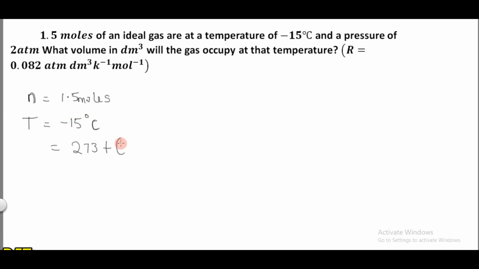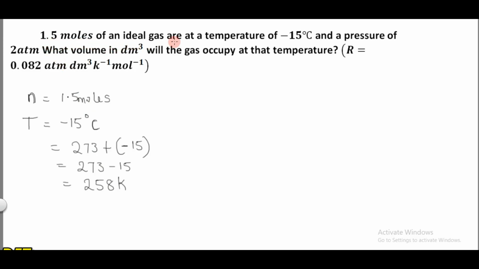And the temperature is minus 15 degrees Celsius, so plus times minus will give me minus. So that will be 273 minus 15, and that will give me 258 Kelvin. So minus 15 degrees Celsius is equal to 258 Kelvin.